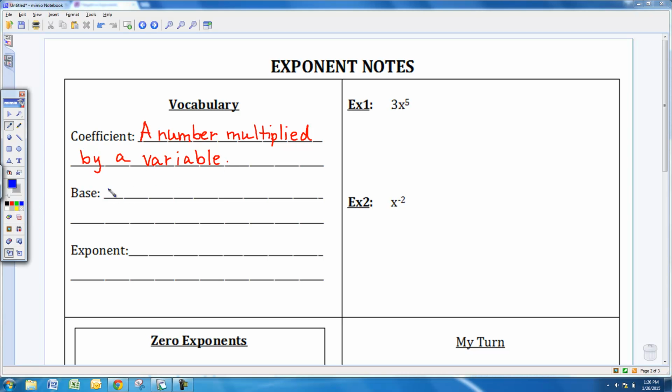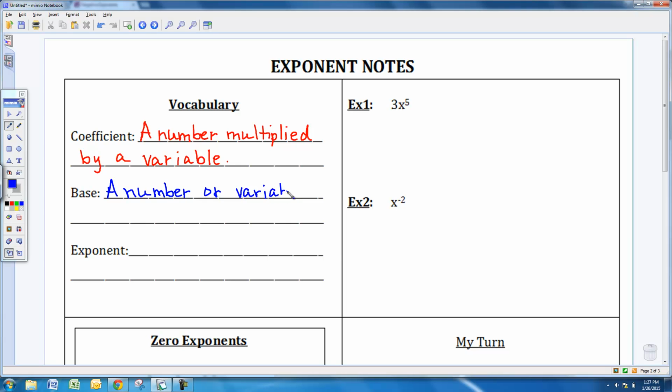A base is a number or variable raised to a power.